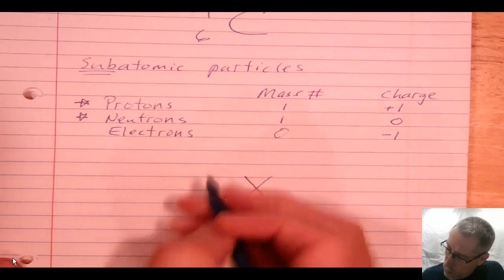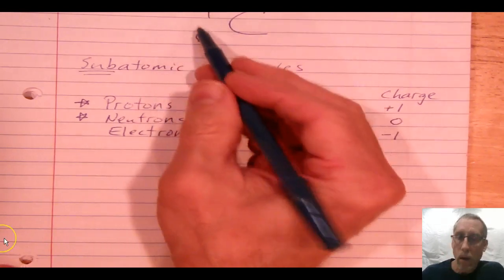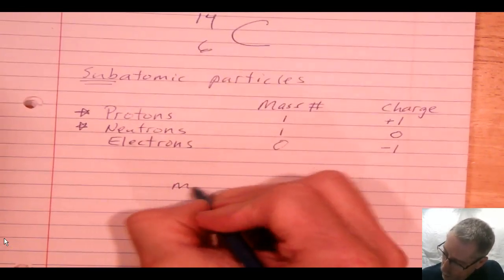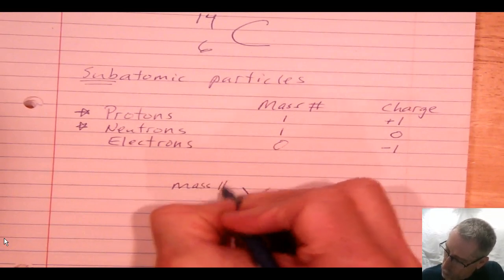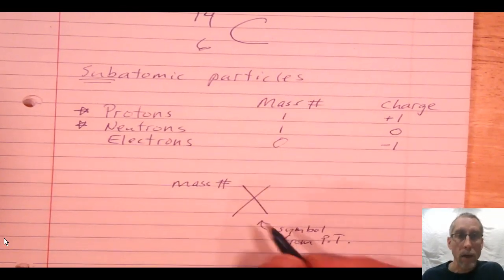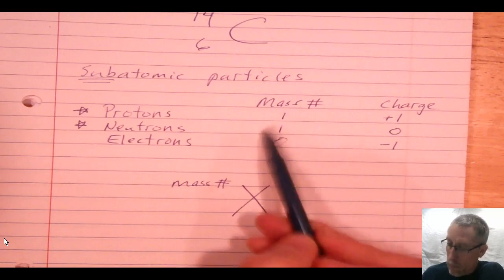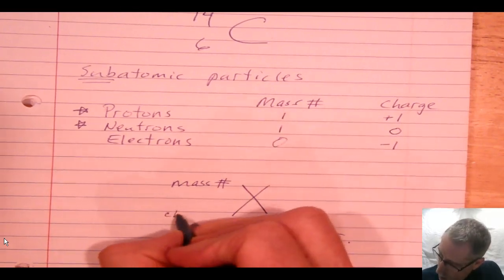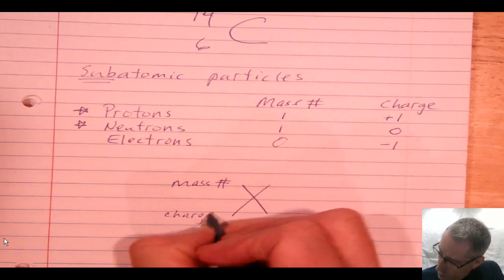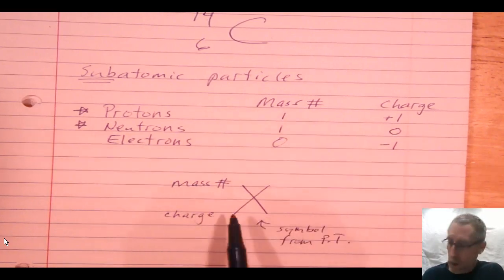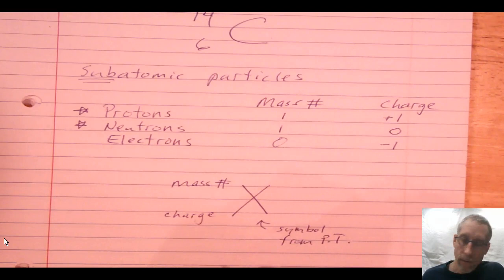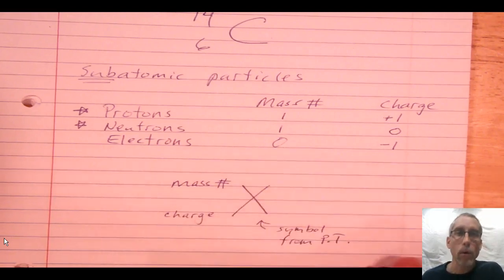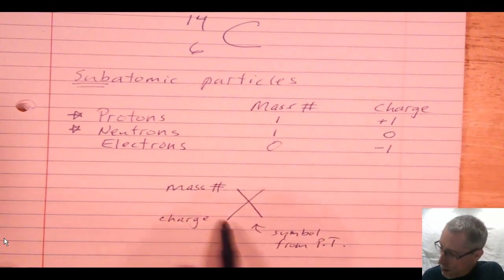And then, as I said before, this number up here, it was 14 up here, but for every symbol, this will just be the total mass inside the nucleus, the mass number. That's every proton and every neutron, the total of those two. And then the charge of the nucleus goes down here in the lower left.